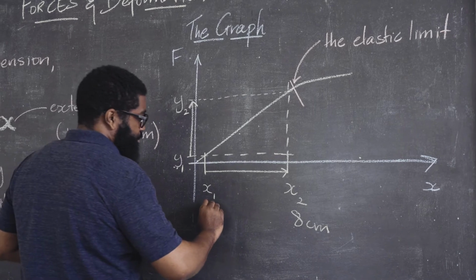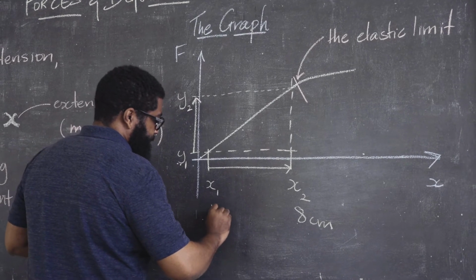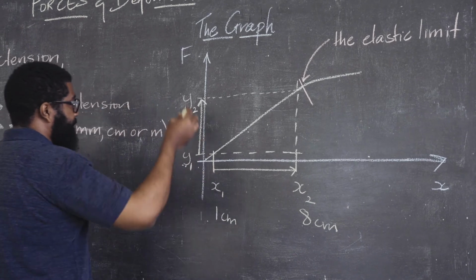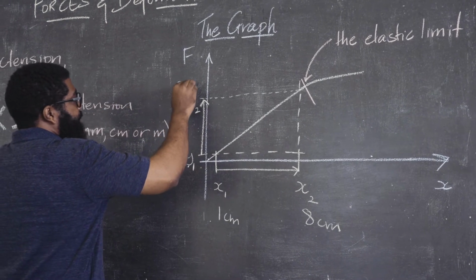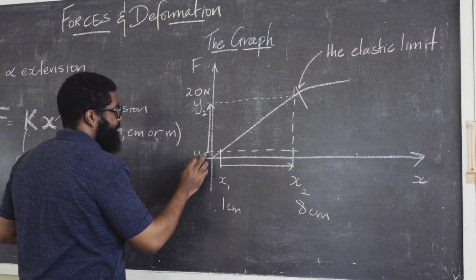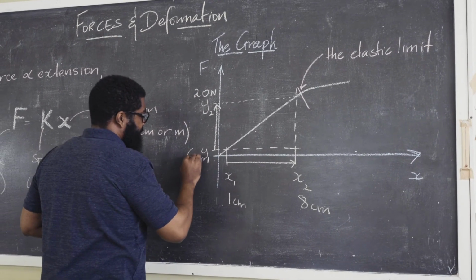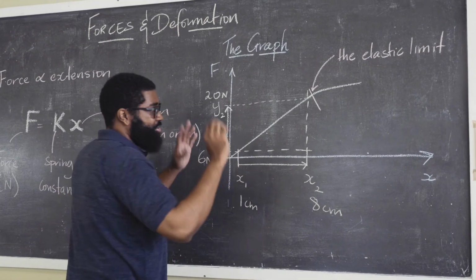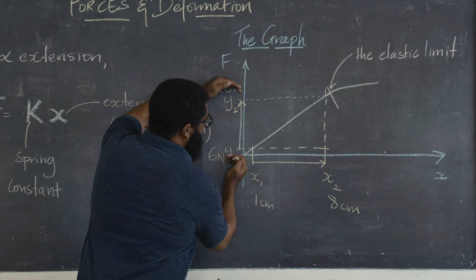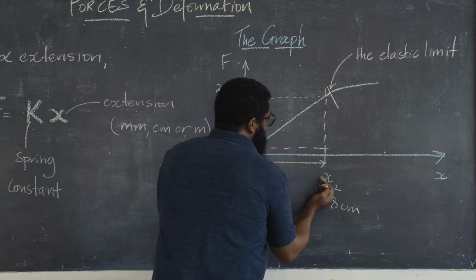And let's assume this is 1. Let's assume y2 is 20 newtons, and let's assume y1 is 6 newtons. Just assuming numbers randomly chosen. Again, gradient is change in y divided by change in x.